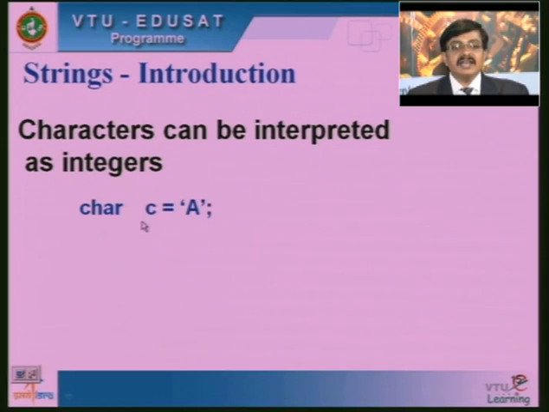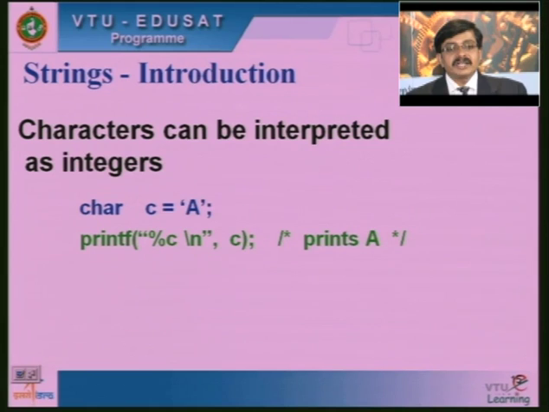When I assign A to c, after doing that, let me use a few statements. Here printf("%c", c). I am printing the value of c, the character, whatever it is holding.